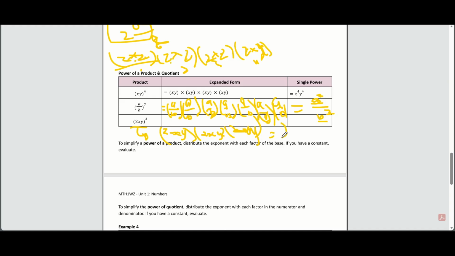And that is going to come out to 2 to the power of 3, x to the power of 3, y to the power of 3. And 2 to the power of 3 is 2 times 2 times 2, which gives us 4 and 8. So 8x cubed y cubed.